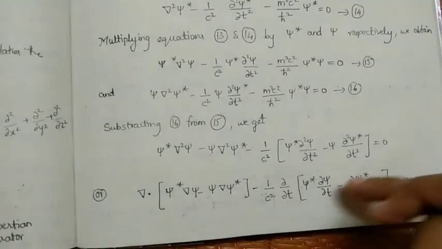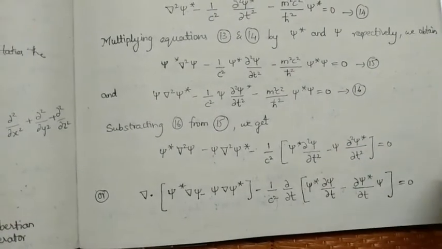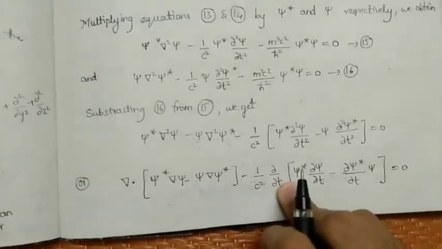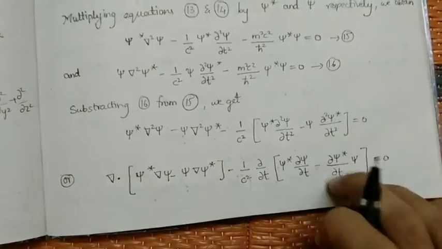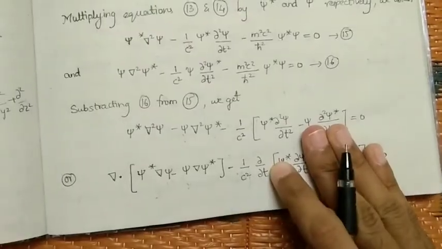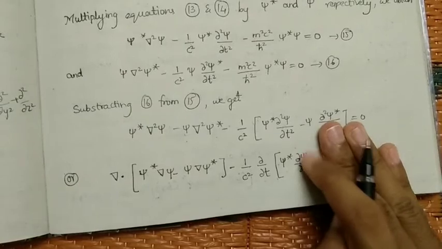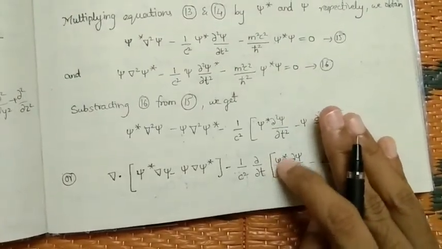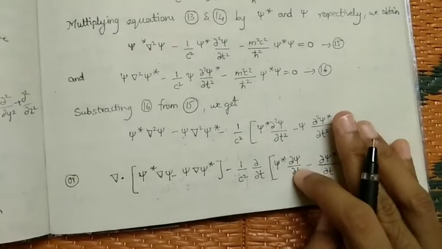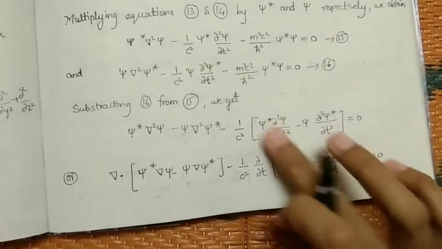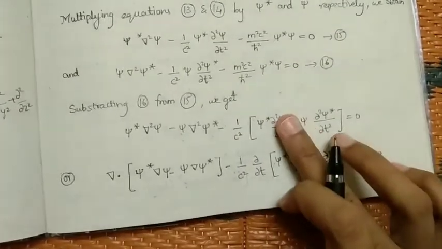And next, if we consider this term here, this could be written in this form. If we do cross checking, ∂/∂t of this term, in uv form, here for the first term u is ξ* and next v is ∂ξ/∂t. So if we apply ∂/∂t, we get ∂ξ*/∂t ∂ξ/∂t, and the next term plus ξ* ∂²ξ/∂t².